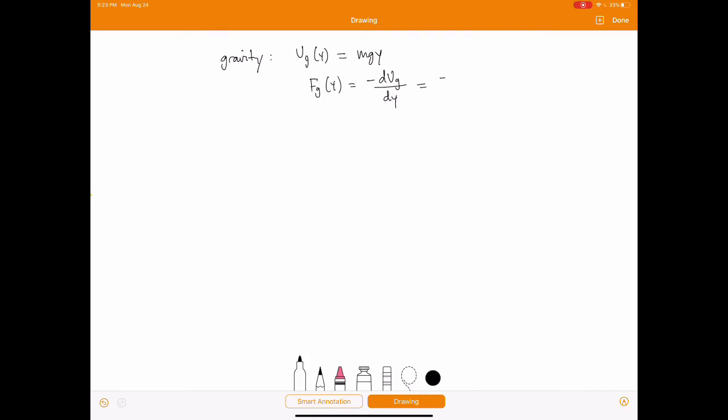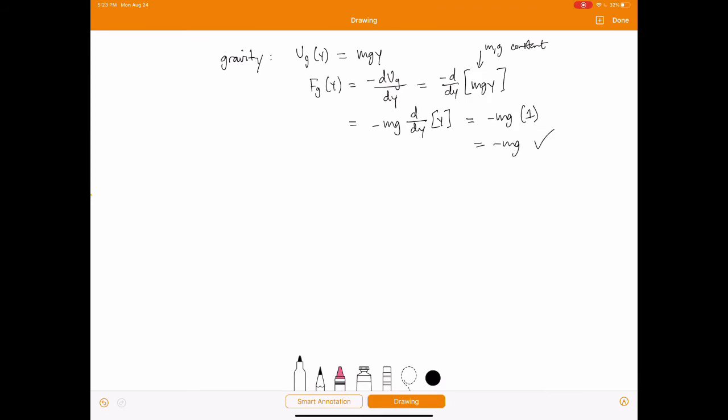So I have minus d/dy of mgy. Whenever we calculate a derivative, we can pull out constants, and m and g are both constants. So I have minus mg out front, and then the derivative with respect to y of y, which is just 1. So we're left with minus mg, which is the original force we started with.